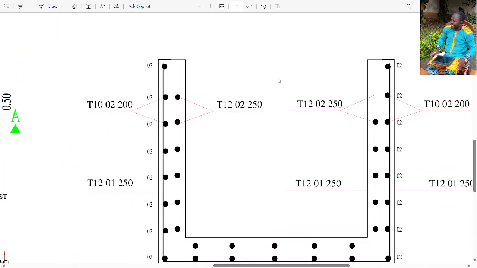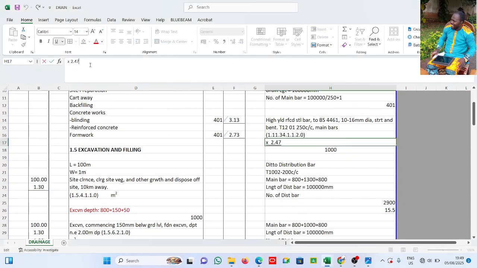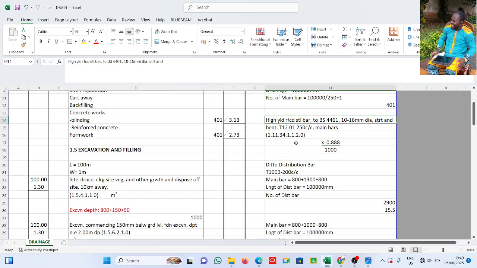If it is T12, this is supposed to be 0.888, not, I used T20. 0.888, right, for me to convert to ton. 10 to the power of 6 mm diameter. Okay, that's the description. So it is T12.